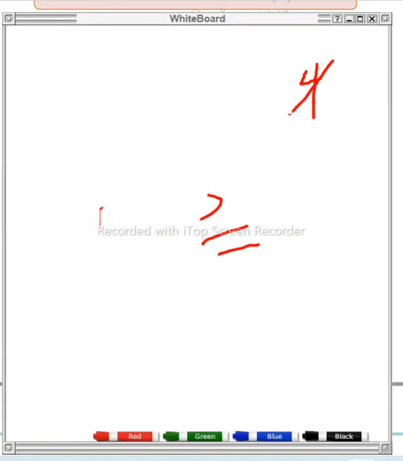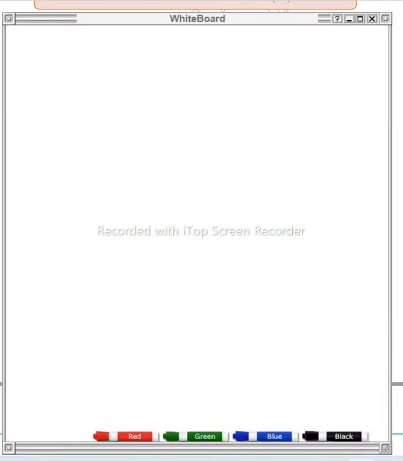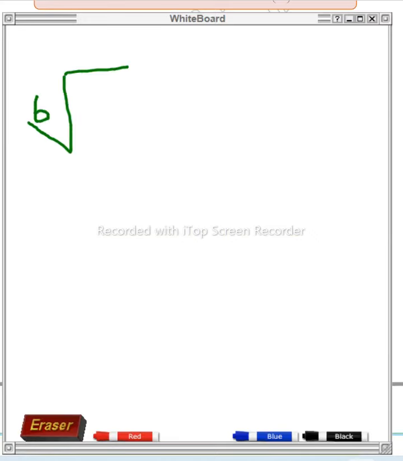So for the other question, we jump A, we jump B, and we do C. C means the 6th root of 64. Let us do this. As we know, we can write 64 to the power of 1 over 6.